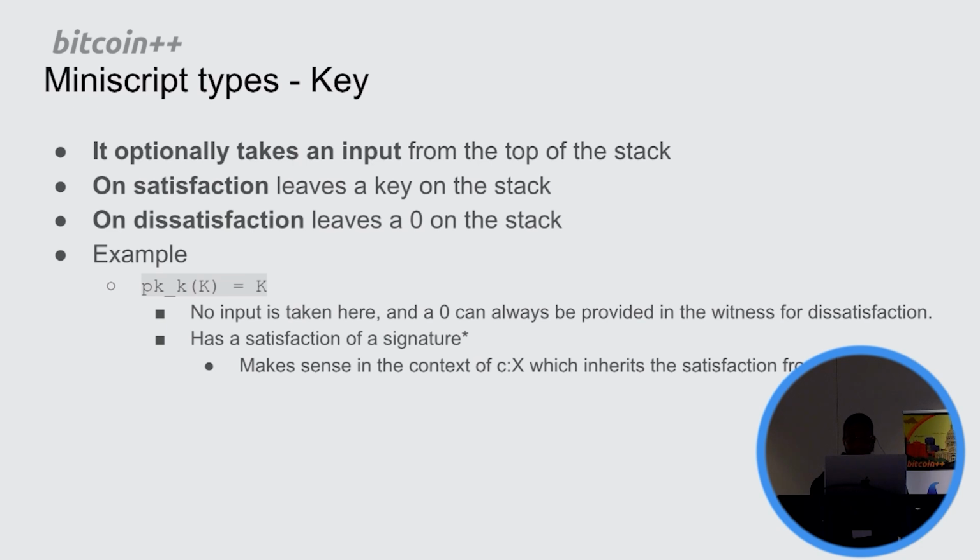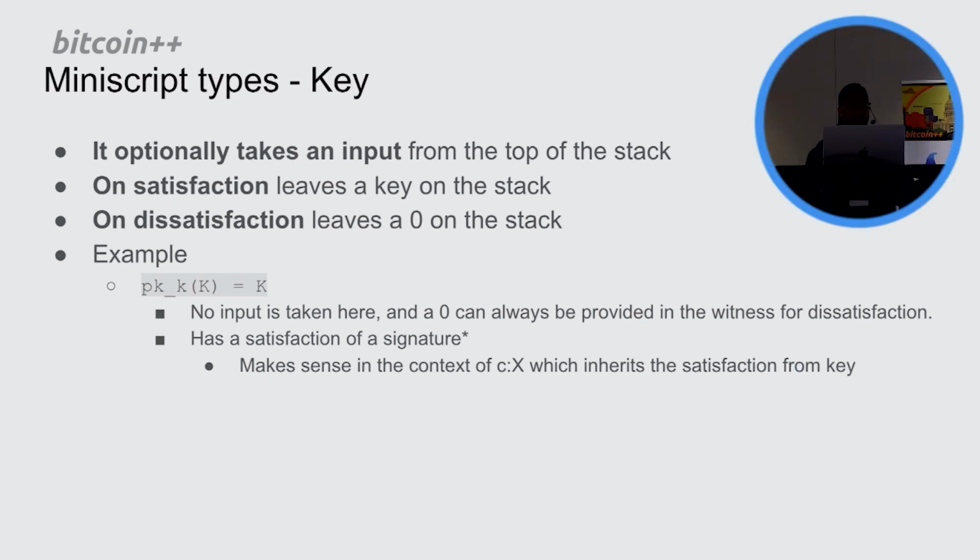An example of this is PKK, and all it really does is put the key onto the stack. So no input is taken here, and the 0 can always be provided in the witness for dissatisfaction. It has the satisfaction of a signature, which is kind of weird, because this is a key primitive. It just puts a key on there. But I guess it makes sense when you compose it with a wrapper, like the C wrapper, for example, which forces a check sig on this key. So a satisfaction there would be a signature.